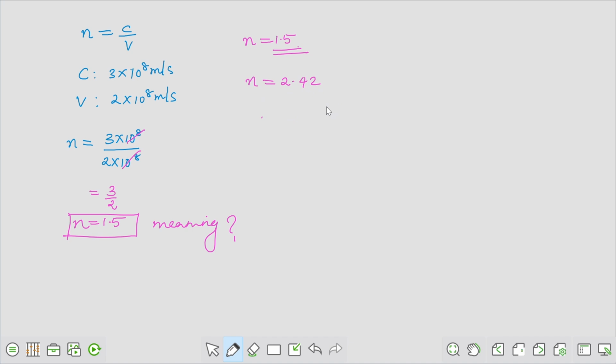What does this mean? The speed of light in diamond is decreased by a factor of 2.42. When light enters diamond, its speed decreases by 2.42. That is the meaning of refractive index.